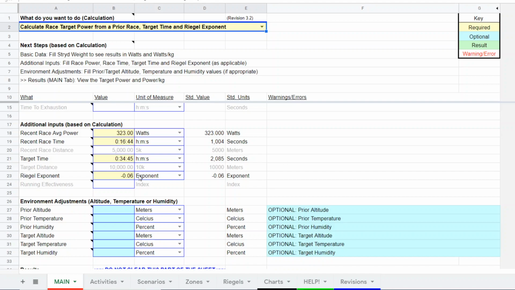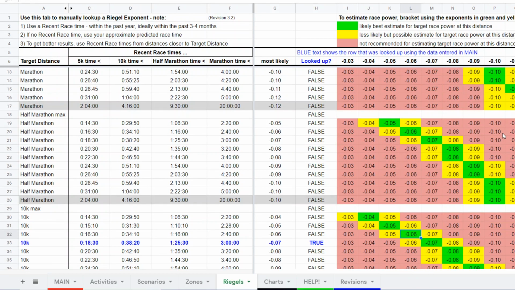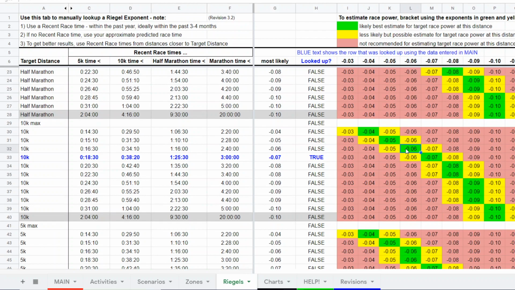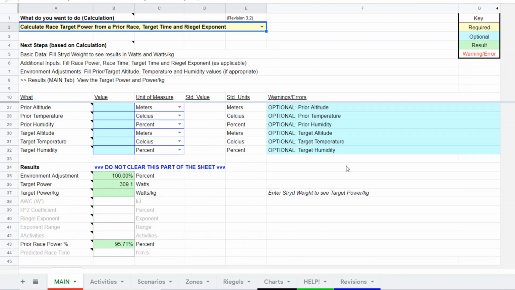Then lastly, you need this exponent, the Riegel exponent, and with version 3 of the SuperPower Calculator, we have lots of different options to use in coming up with your best Riegel exponent choice to use in the calculator. So hopefully this helps.